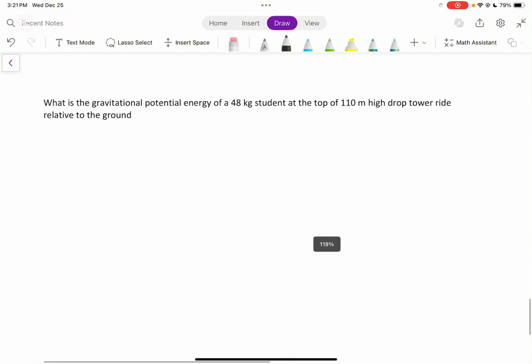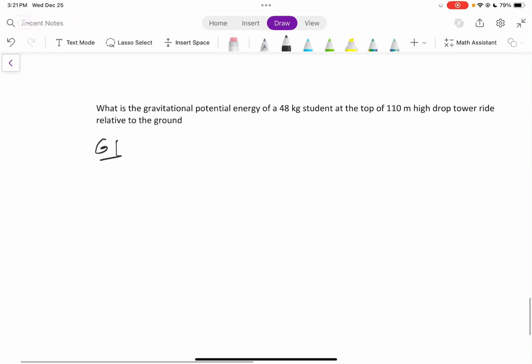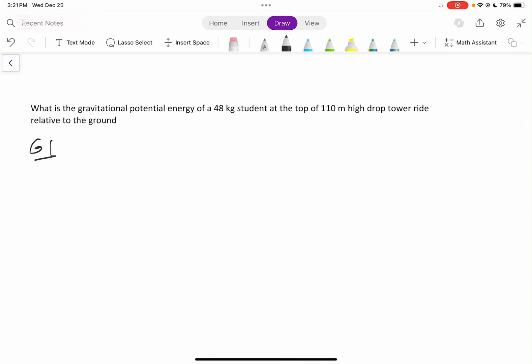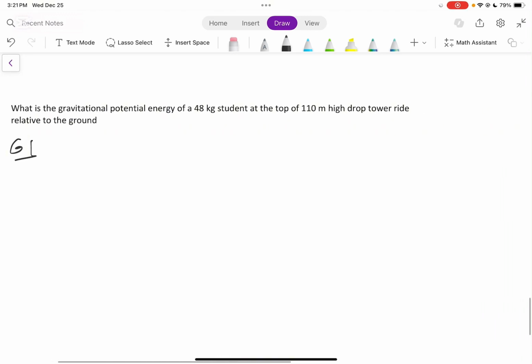Now we can look at the sample problem right here and try to just use what we learned to work it out. So what is the gravitational potential energy of a 48 kilogram student at the top of a 110 meter high drop tower relative to the ground? So we're assuming that the student's height is relative to the ground, so anything from the ground up. So we can go ahead and work in this question. So we're looking for the potential energy.